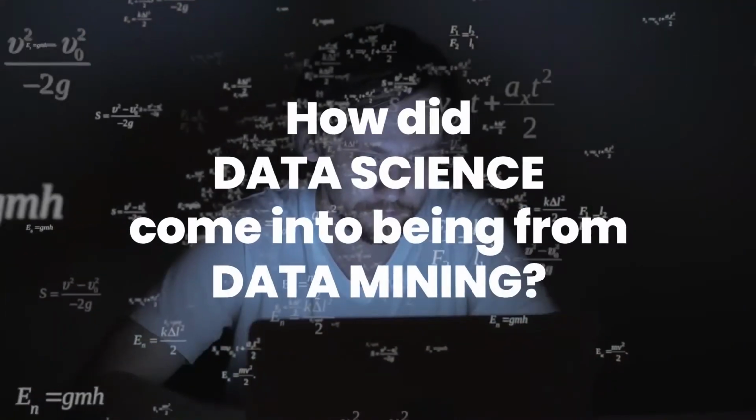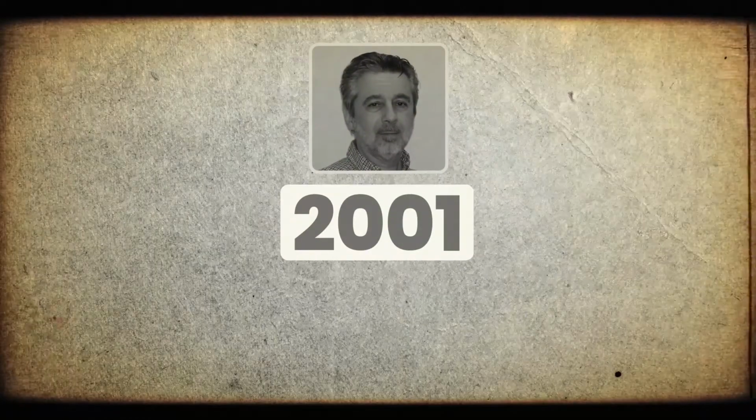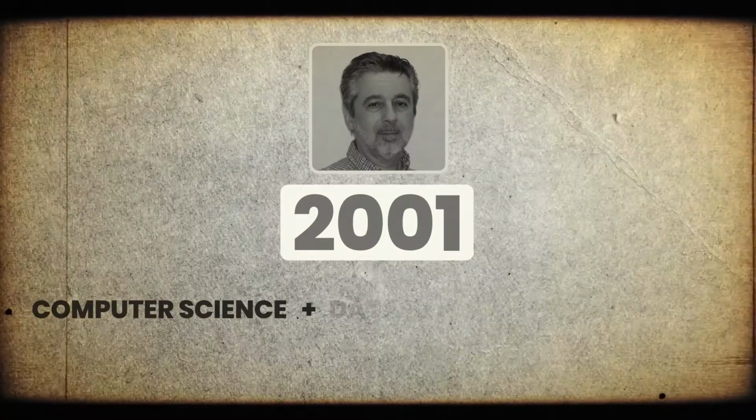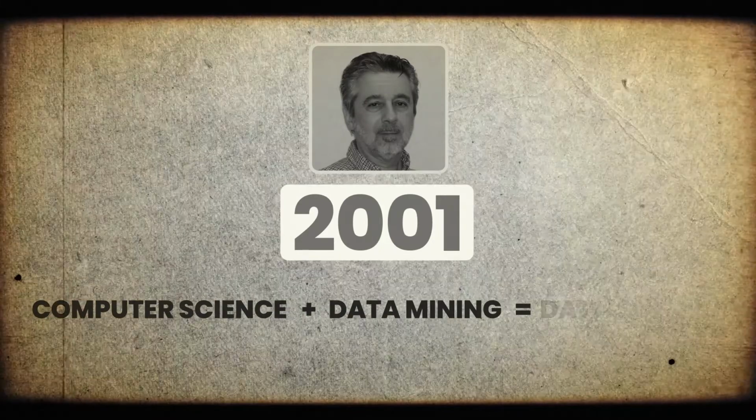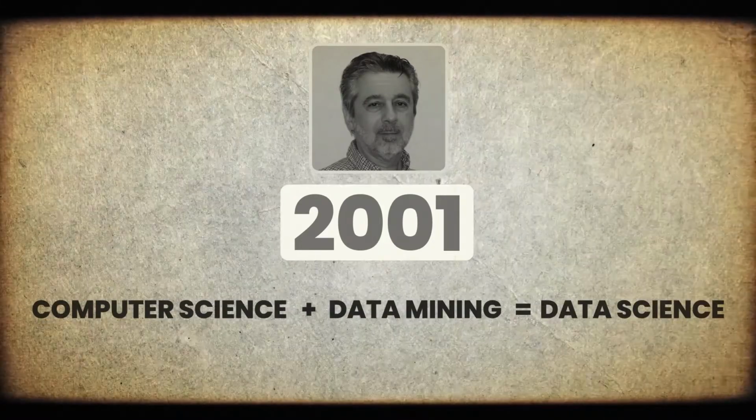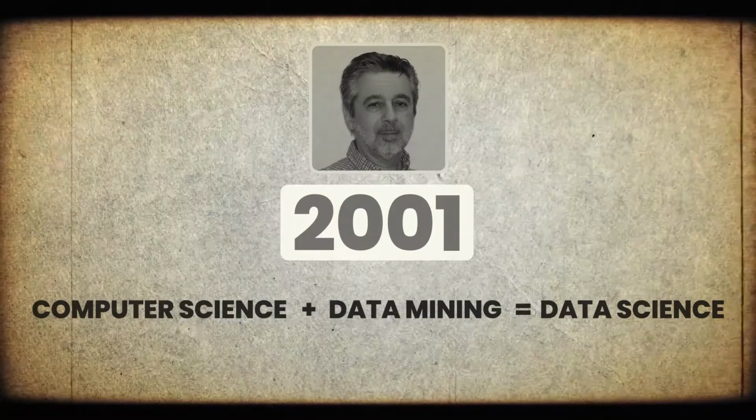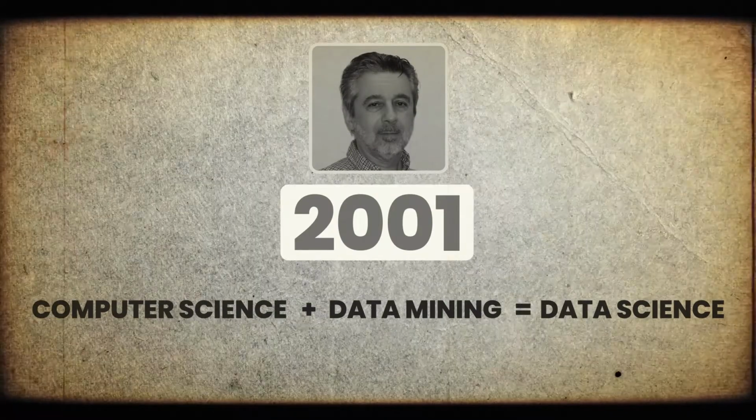So how did data science come into being from data mining? Well, William S. Cleveland in 2001 combined computer science with data mining to come up with a way to make use of the computing power of technology to create technical statistics, which resulted in the term data science.